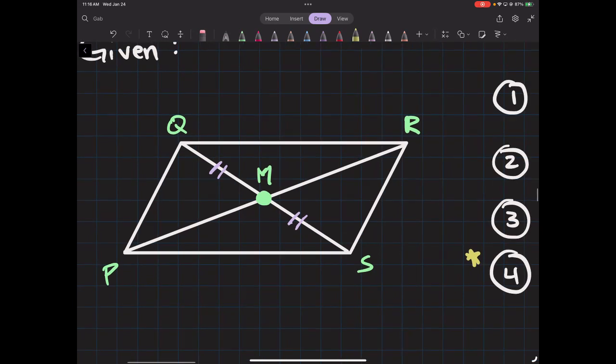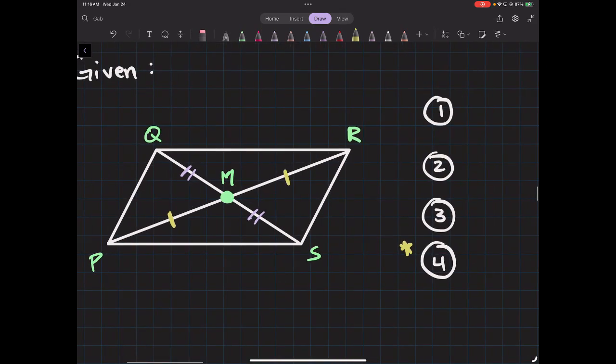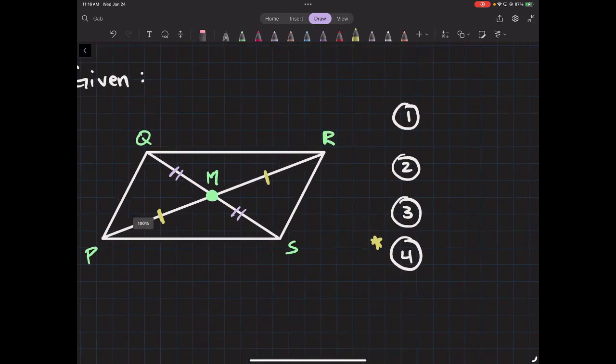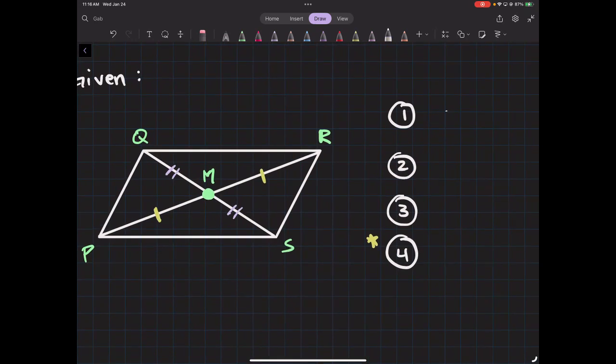And what else? PM and MR. Okay, great. So those are the first two things I'm gonna write down. QM is congruent to MS, and then PM congruent to MR.